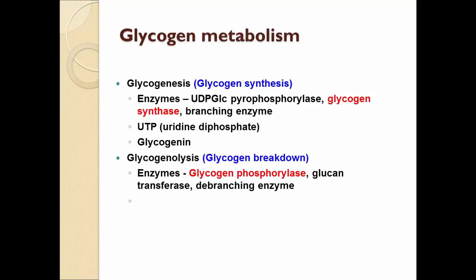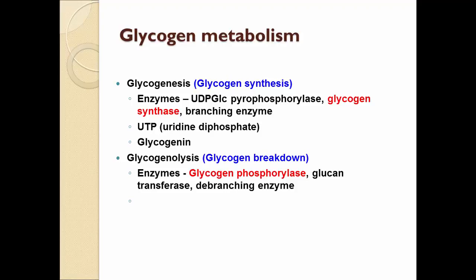And glycogen synthesis involves several enzymes, right, and also some molecules: UDP is a carrier of glucose for glycogen synthesis, and glycogenin is the primer, the key protein involved in the initiation of glycogen synthesis, right?